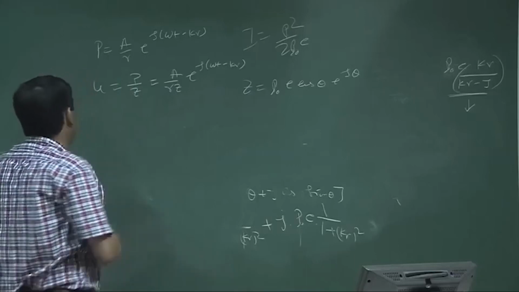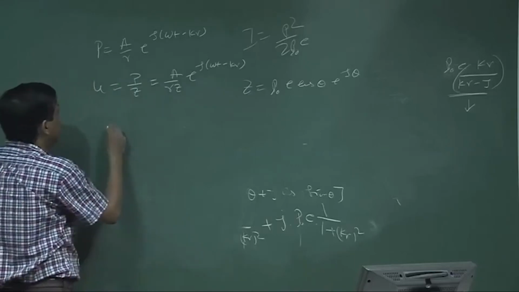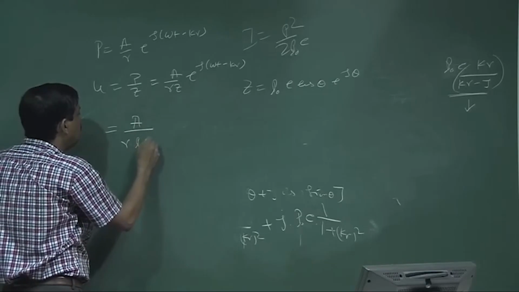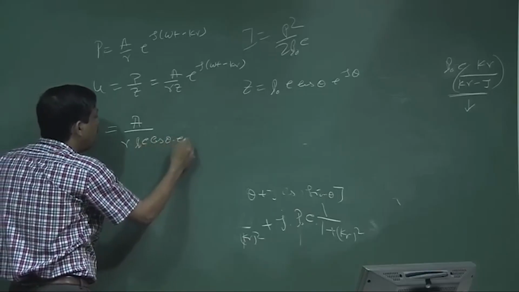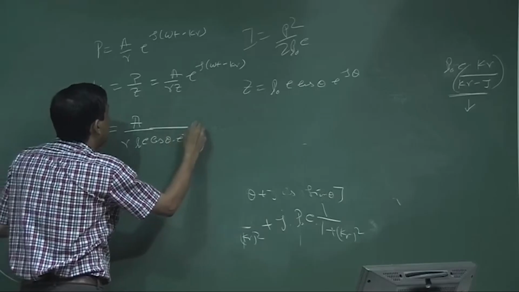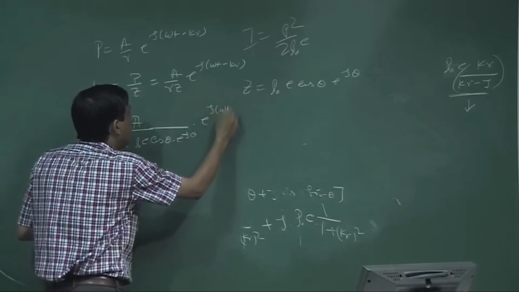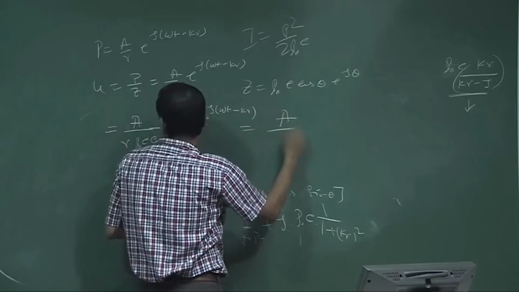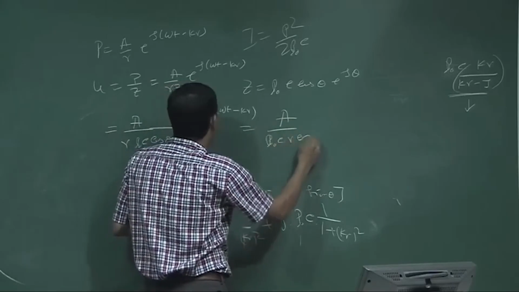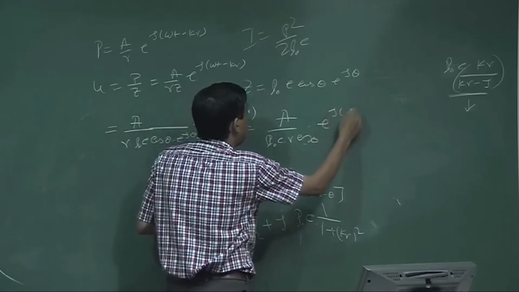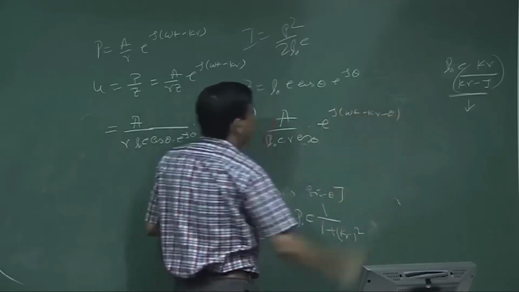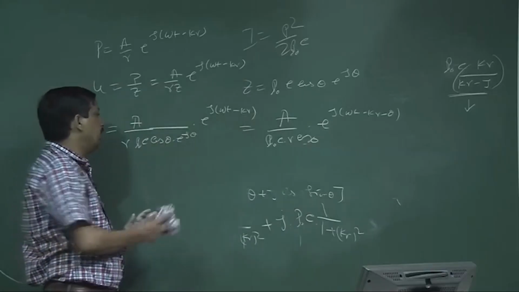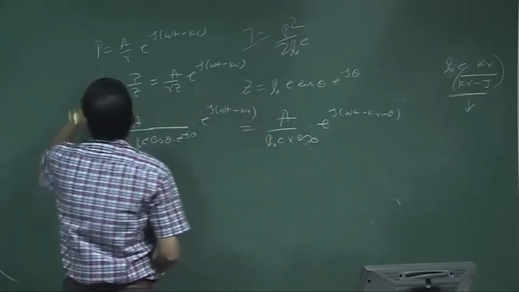So, I can write u is A by (rho 0 c r cos theta) into e to the power j(omega t minus kr minus theta). Okay, now this is u and this is p.